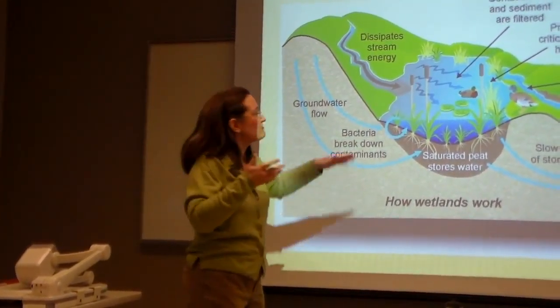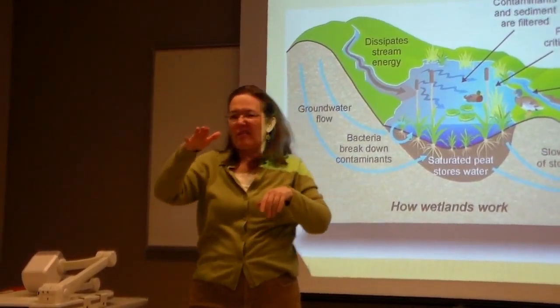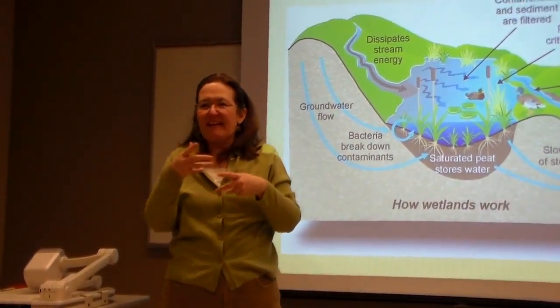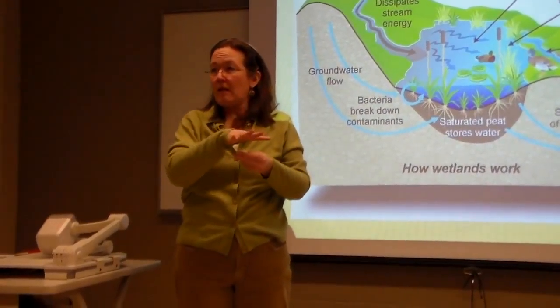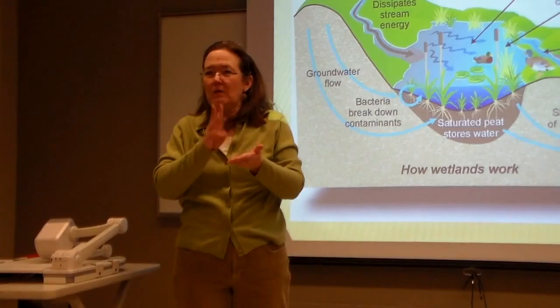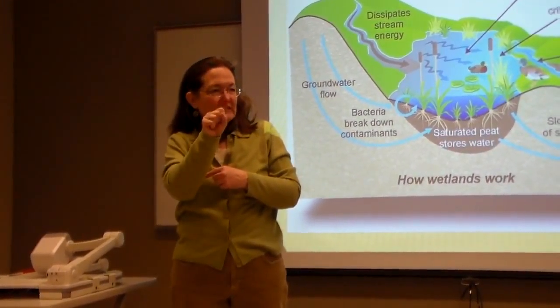And it runs off into the wetlands. So this water runoff from these farms has chemicals and dirt and fertilizer all contained in it. And the wetlands is a natural water purification system.